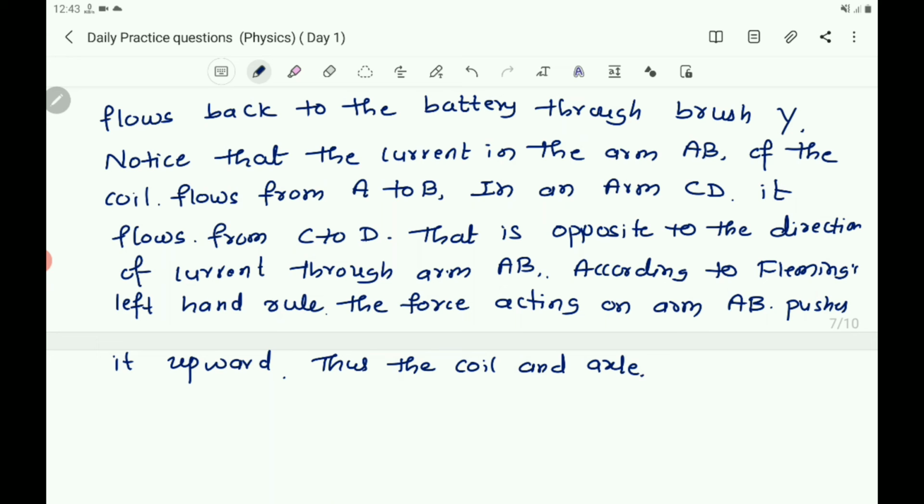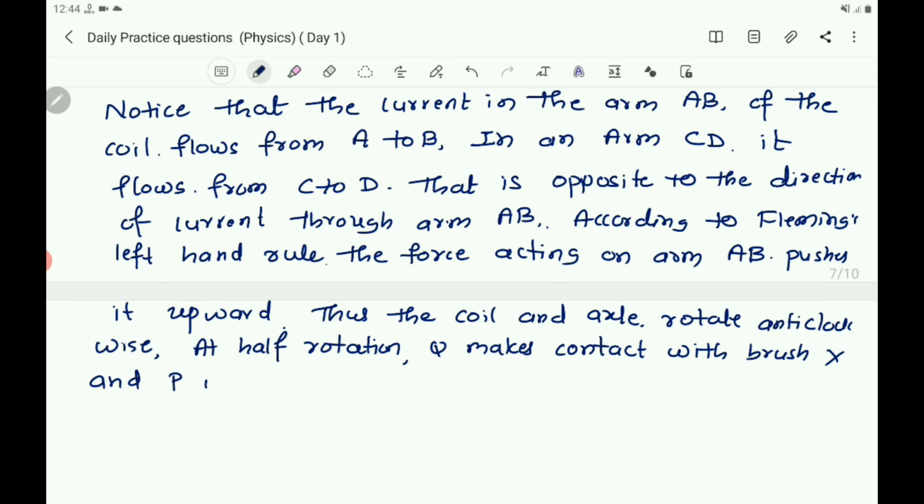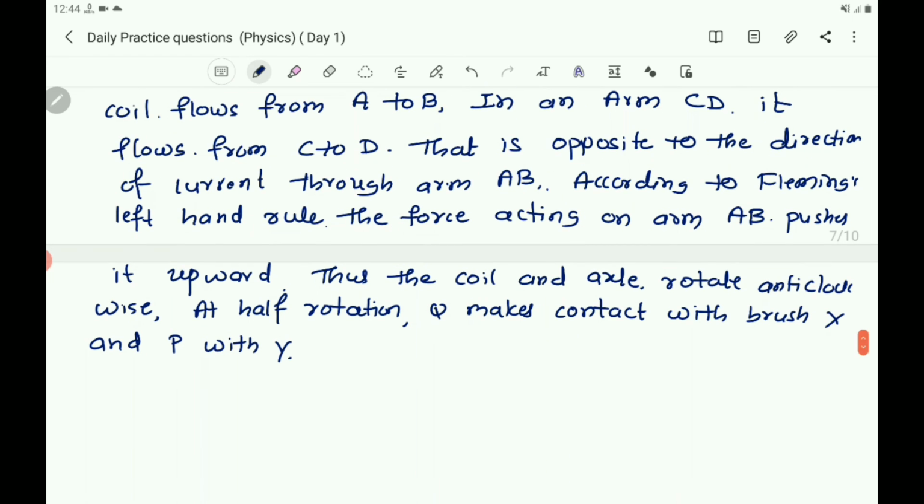At half rotation, Q makes contact with brush X and P with Y. The current in the coil gets reversed and flows along DCBA.